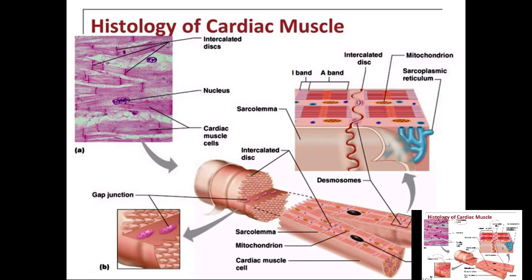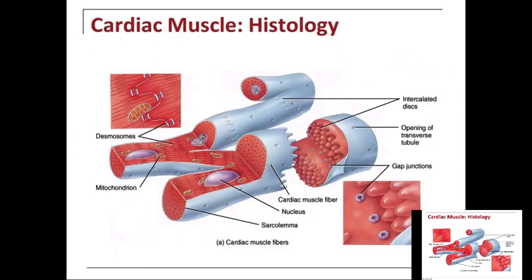And you can see that the cardiac muscle does look striated, just like skeletal muscle does. The difference is skeletal muscle is voluntary, and the cardiac muscle is involuntary. Again, another picture just showing how you have these intercalated discs and then the gap junctions.